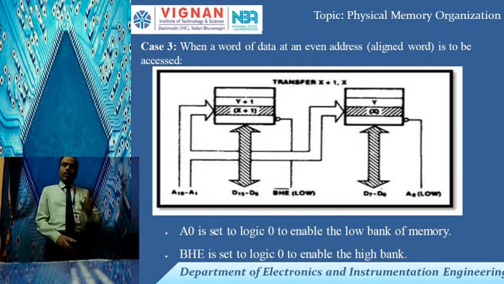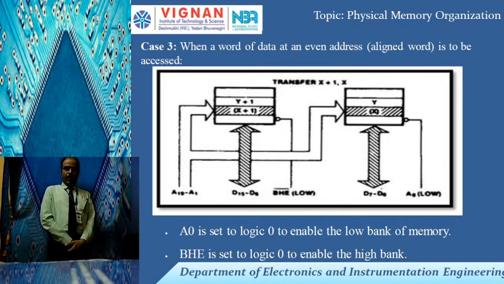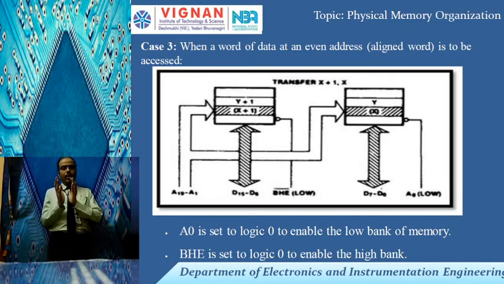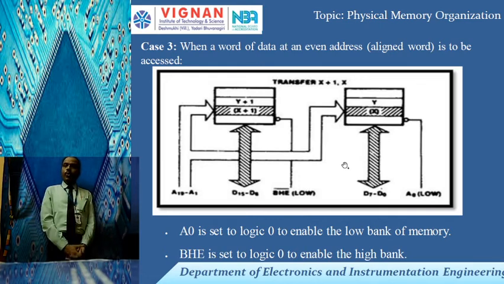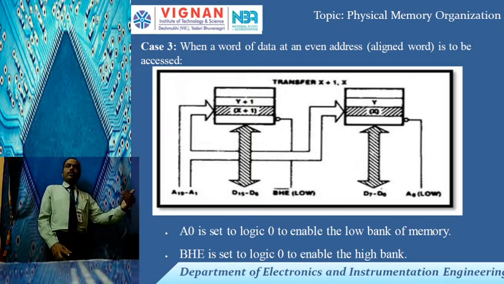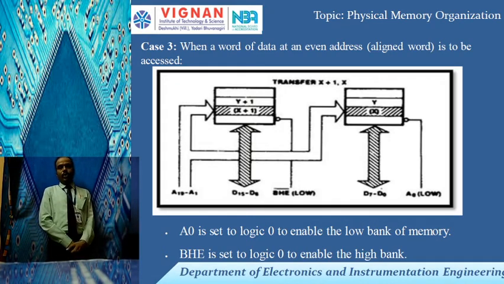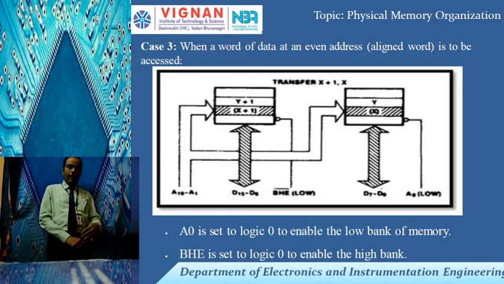So it requires only one bus cycle. Since 12 is stored in the lower bank and 34 is stored in the higher bank, that is the even bank and odd bank, we need to enable both. For that, A0 should be set to logic 0 to enable the low bank of memory, and BHE bar should be set to logic 0 to enable the high bank, that is the odd bank.